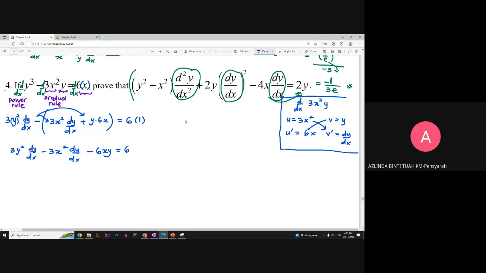Okay, we have two choices here. Untuk dapatkan second derivative, saya ada dua pilihan. It's up to you. Okay, dua pilihan tersebut adalah, saya buat nota, two choices to find second derivative.